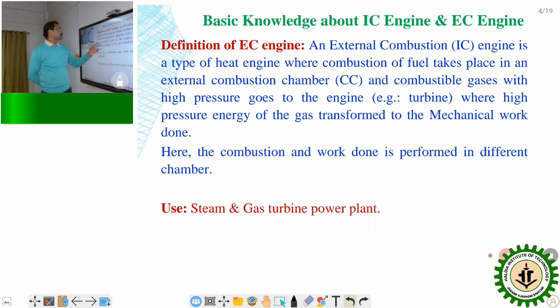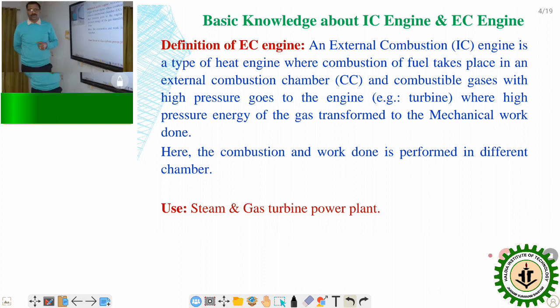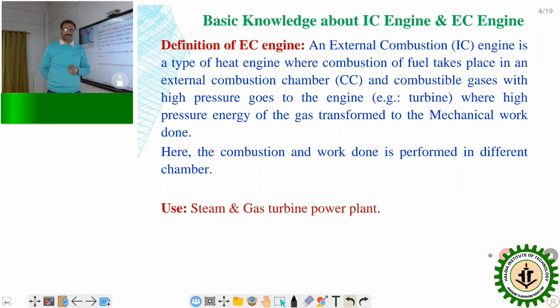Now in the external combustion engine, the combustion takes place within a combustion chamber which is outside of the engine. For example, in a steam thermal power plant, the steam is generated within the boiler.